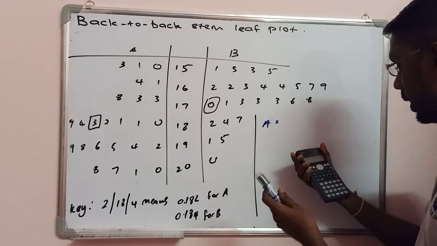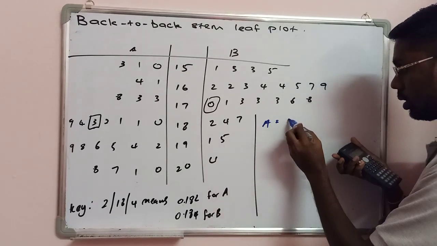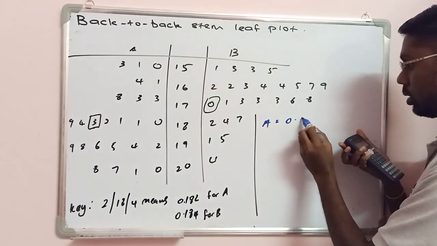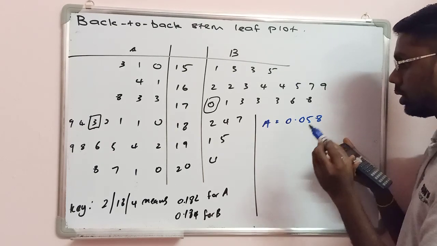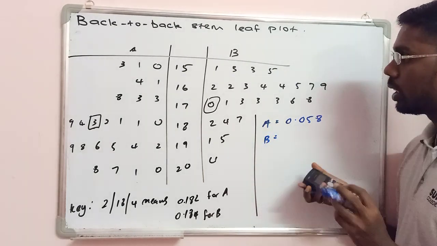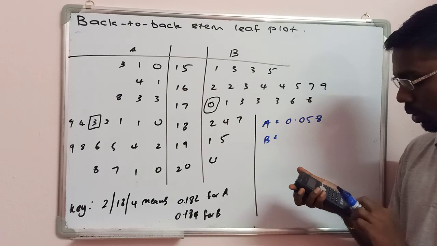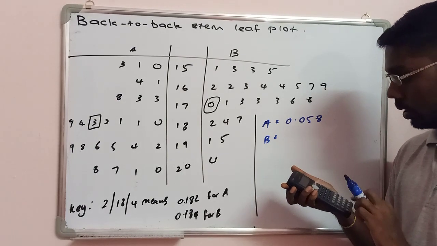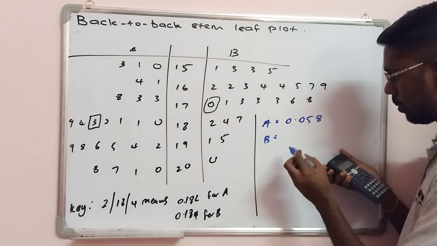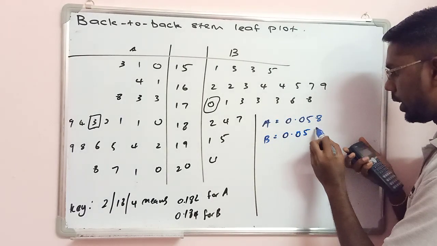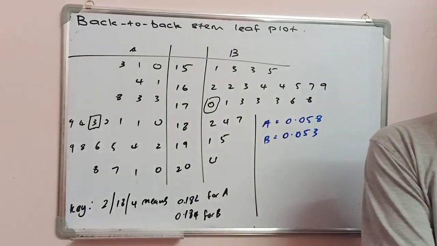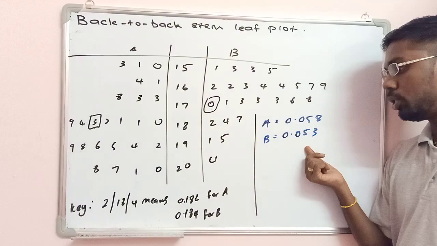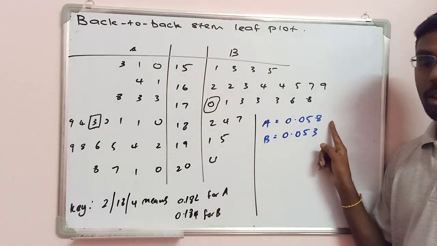So for A, the range is 0.058, and for B it's going to be 0.204 minus 0.053. Okay, so for range also A has a higher value compared to B.